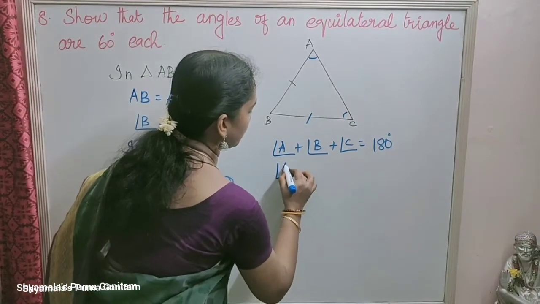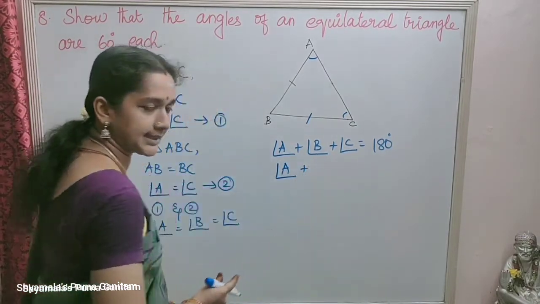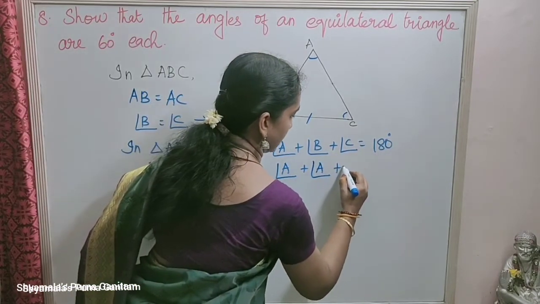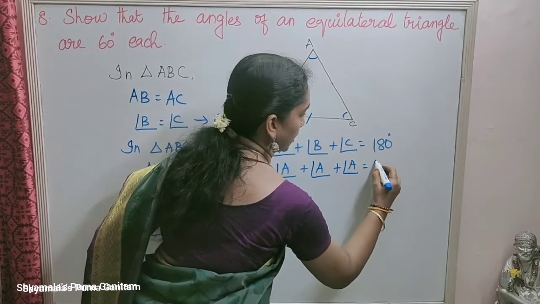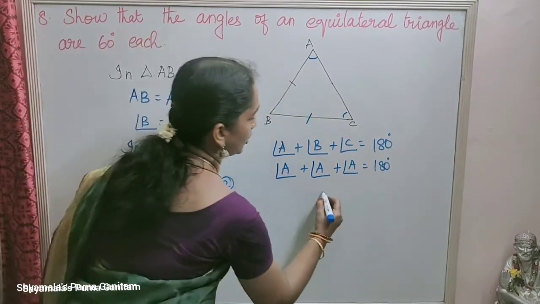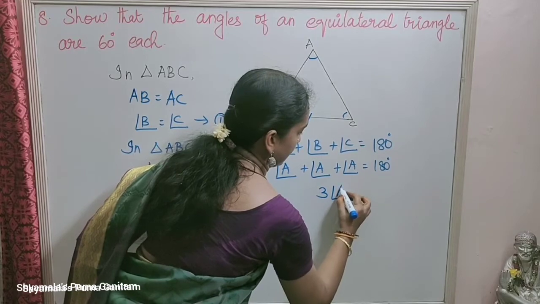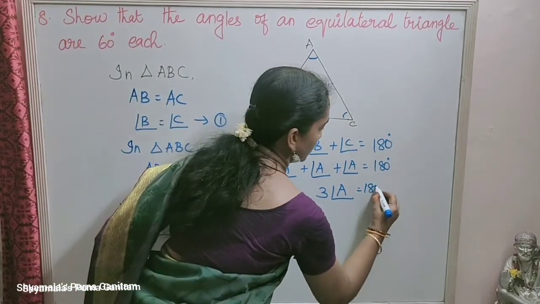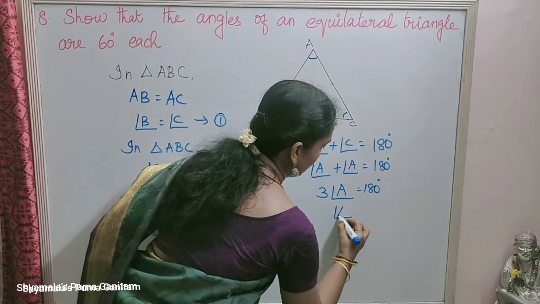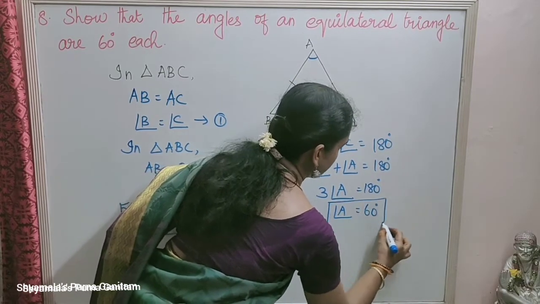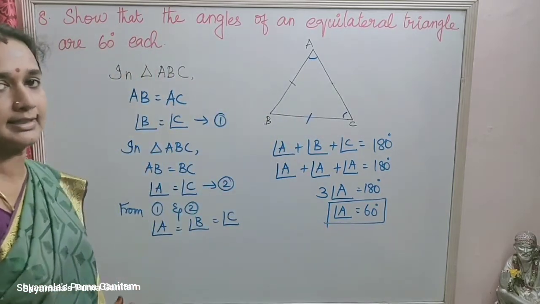So I am keeping A as it is, and instead of B and C, I am replacing them by A, because all are equal. So I can write this as 3 times angle A is equal to 180 degrees. So angle A is 60 degrees.